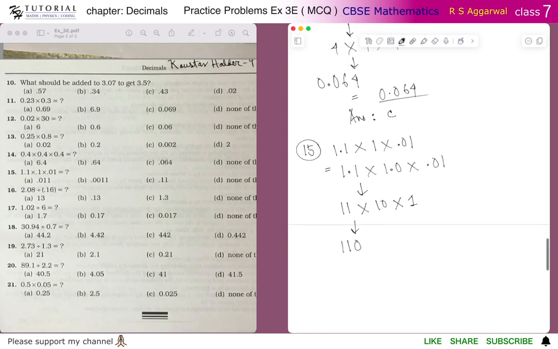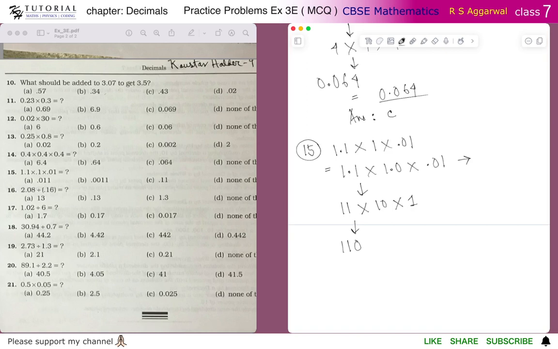Now we have to put the decimal point in 110 in such a way that its decimal places will be equal to the sum of the decimal places of all the decimal numbers present in the product. Now over here, the sum of the decimal places of all the decimal numbers is 1 plus 1 plus 2, so 4. So we have to put the decimal point in 110 in such a way that its decimal places will be 4.